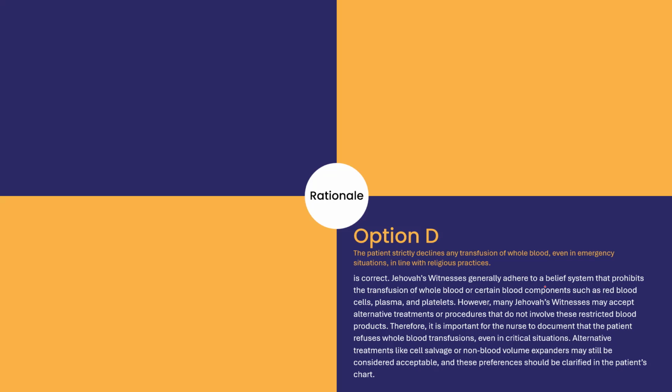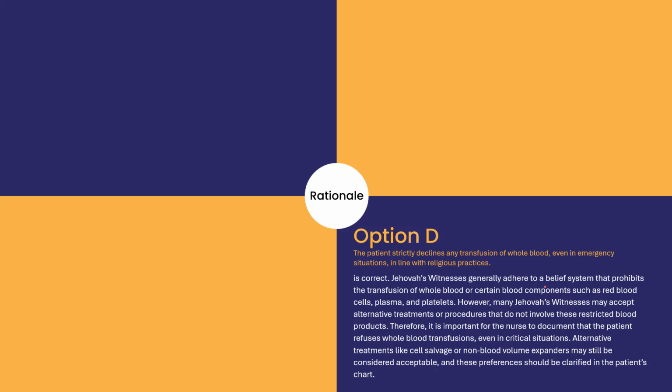However, many Jehovah's Witnesses may accept alternative treatments or procedures that do not involve these restricted blood products. Therefore, it is important for the nurse to document that the patient refuses whole blood transfusions, even in critical situations.